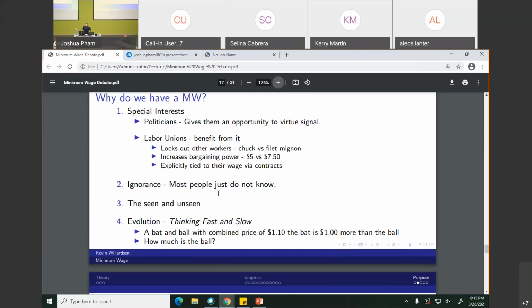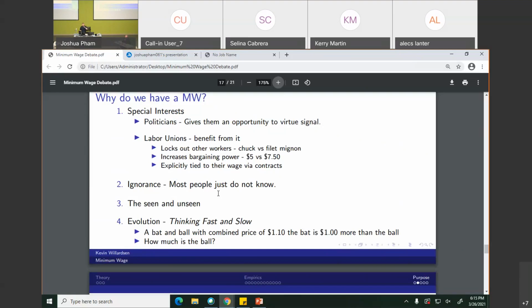Your thought is 10 cents, right? Because that's immediately what jumps to your head. The only problem is that that's wrong. As soon as you think about it, the ball is actually 5 cents, because the combined price needs to be $1.10. The bat needs to be $1 more than the ball, so it's 5 cents and $1.05. The point of this example is to demonstrate that the minimum wage is intuitively pleasing.